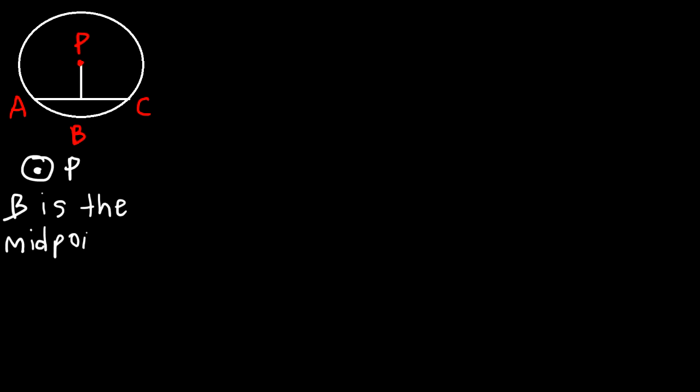So we're going to call this point A, and this point right here, that's going to be point B, point C, and point P. Now, in this two-column proof, we're given that point P is the center of the circle. And we're also given that B is the midpoint of segment AC.